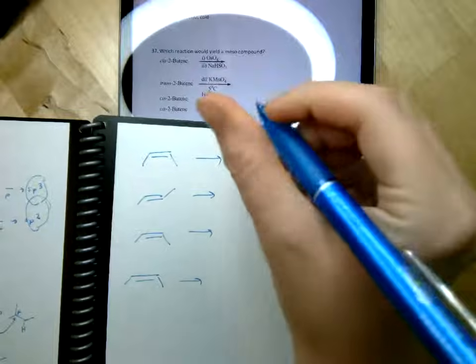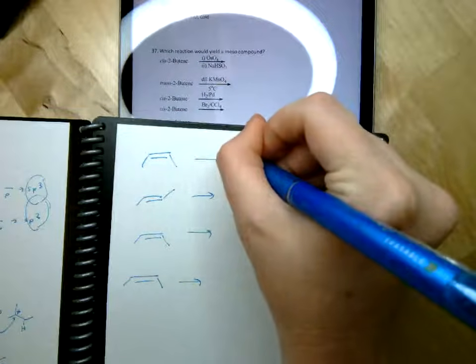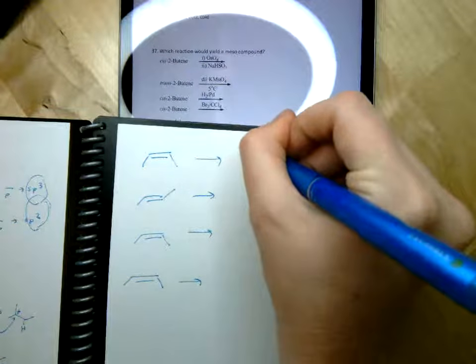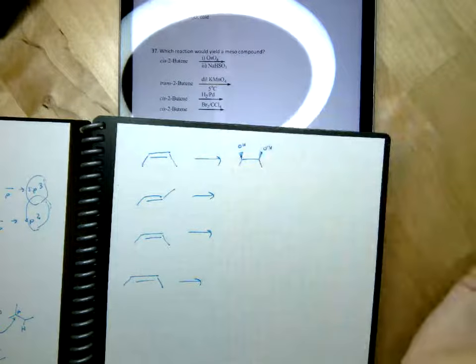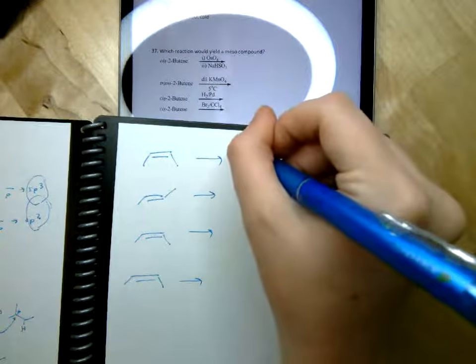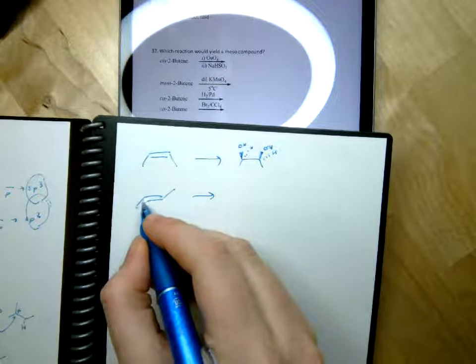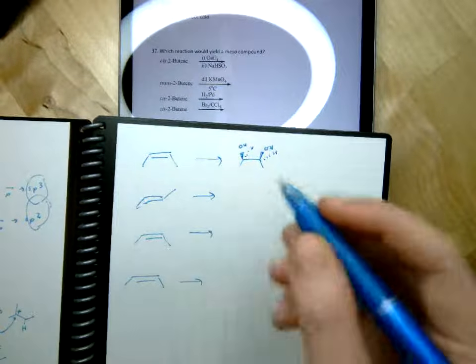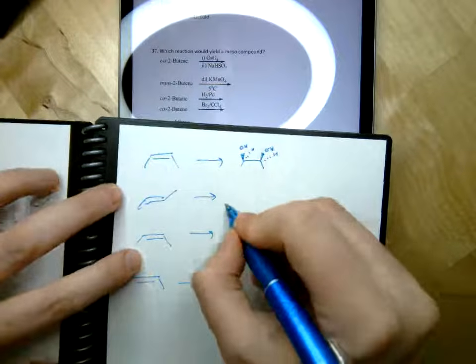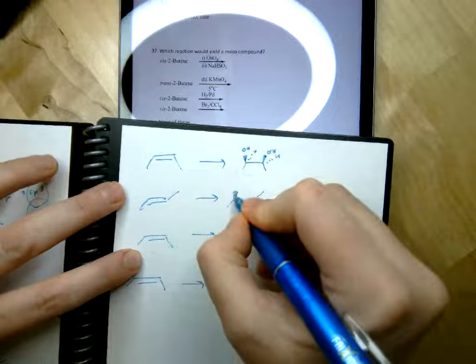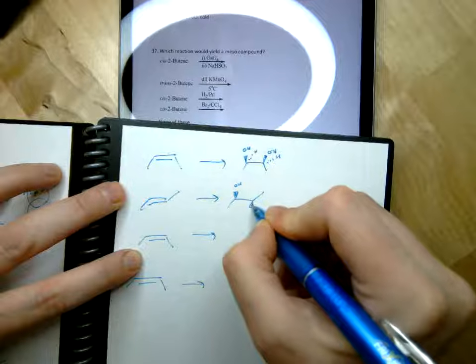So, osmium oxide adds alcohol syn, like this. Dilute KMnO4 actually also adds alcohol syn, so 2 wedges.